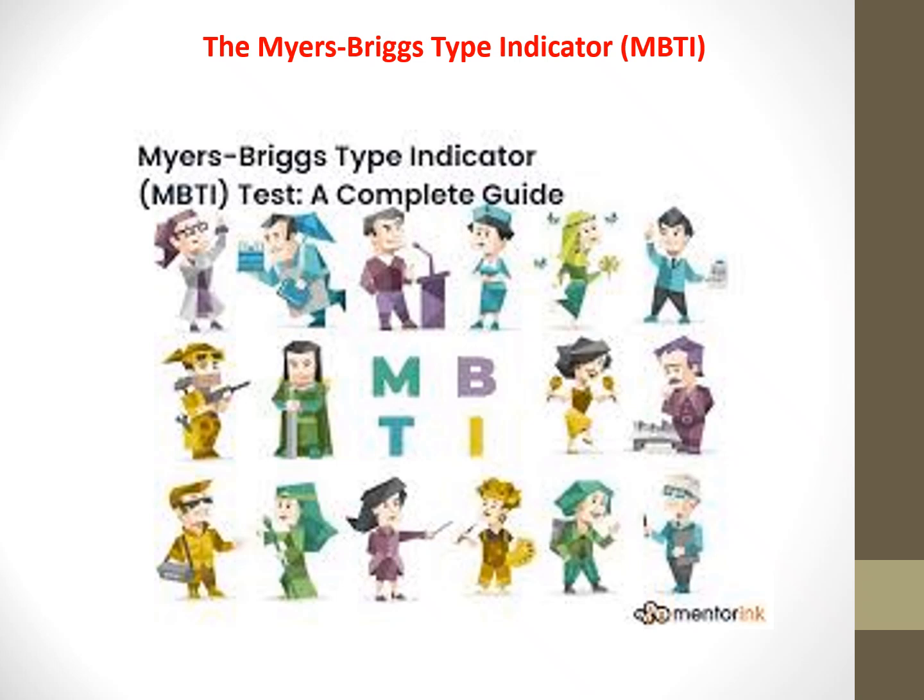The test contains four different scales: extraversion and introversion, sensing and intuition, thinking and feeling, judging and perceiving. Based on a person's responses, they are identified by a four-letter acronym such as INFP or ESFJ that describes their specific type.